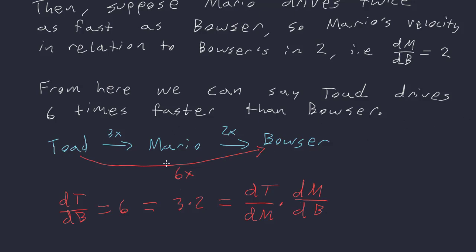So going from Toad to Mario is dt by dm, and going from Mario to Bowser is dm by db, but going straight there is dt by db. These two things need to line up.